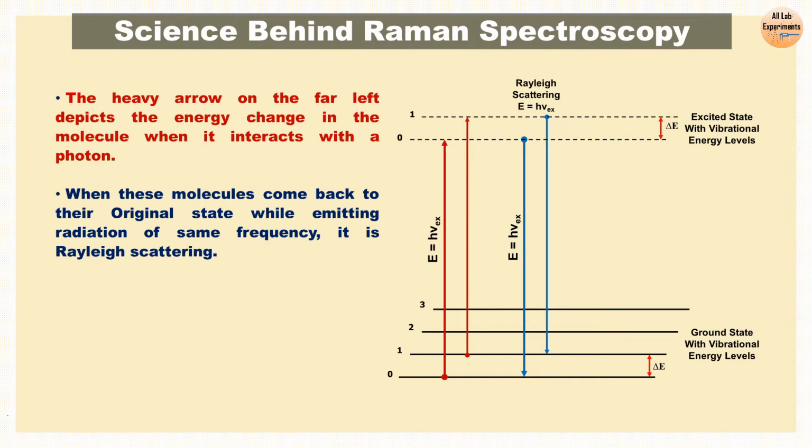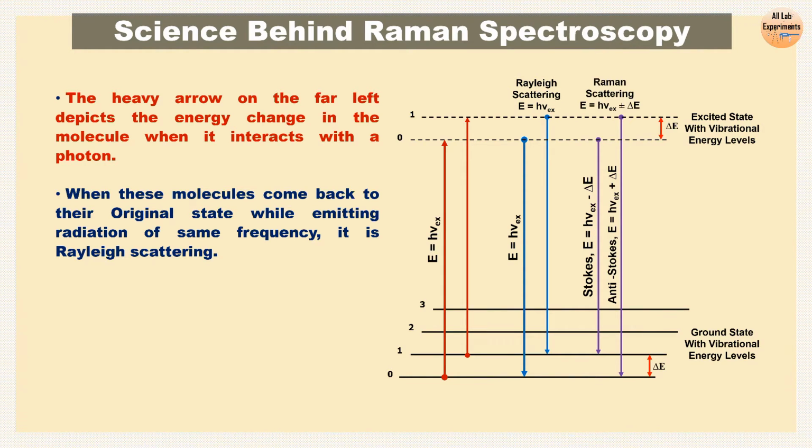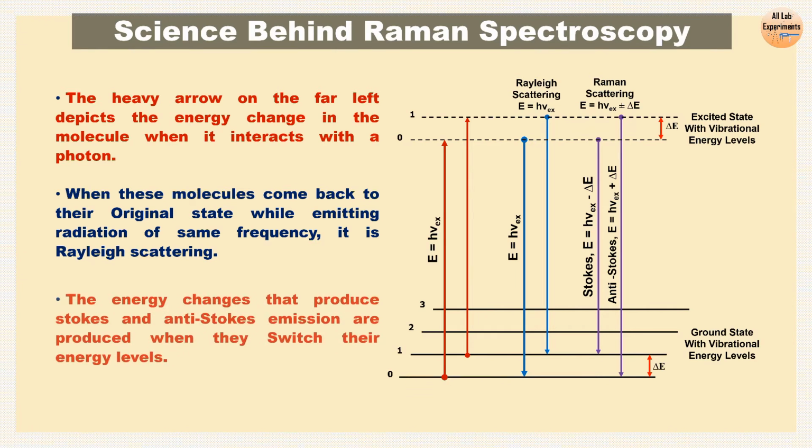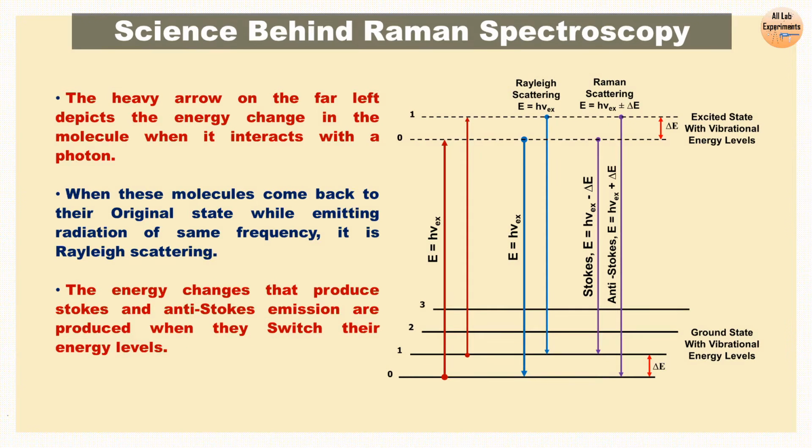But the most interesting part comes into the picture when they switch their energy levels. They don't go back to the same energy levels from where they came. The case when they are of lower energy is known as Stokes, and when they are of higher energy, it is known as anti-Stokes. Overall, because of the Maxwell-Boltzmann distribution, at higher energy there are fewer particles, or in this case fewer electrons.